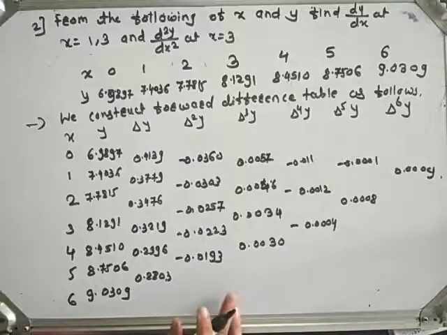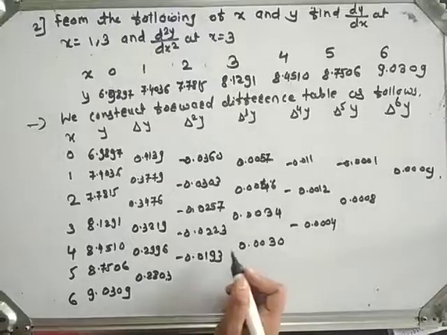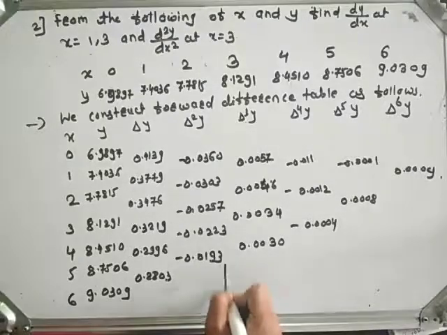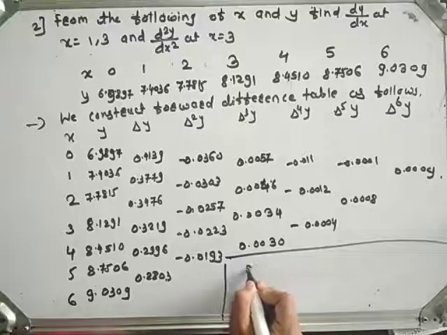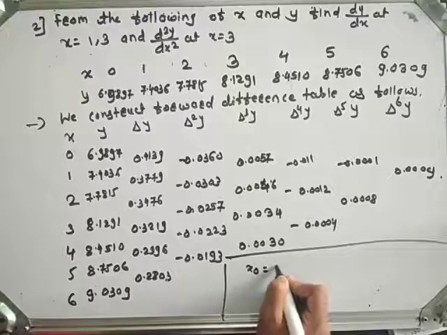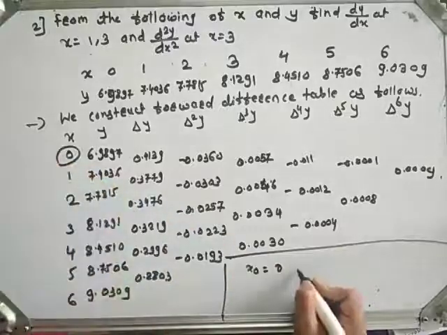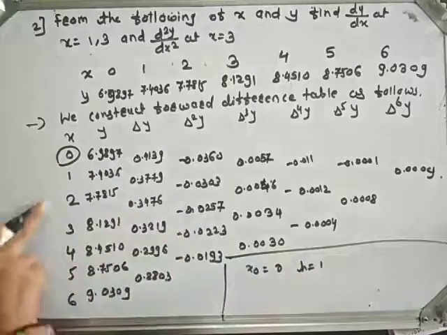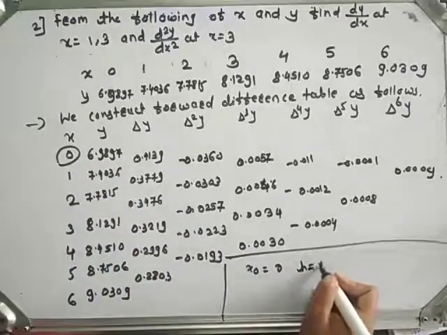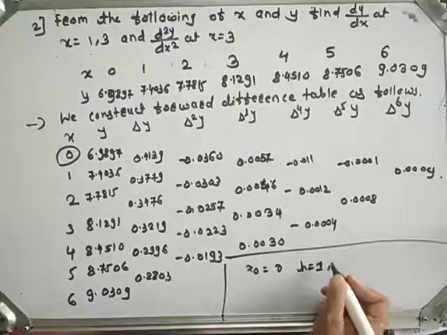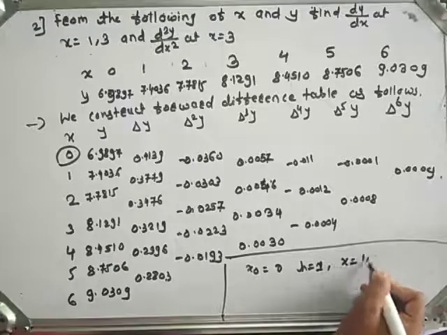Okay, so here observe that x0 is equal to 0. Okay, h, the interval of differencing, is 1. Next is x equals 1 and 3.